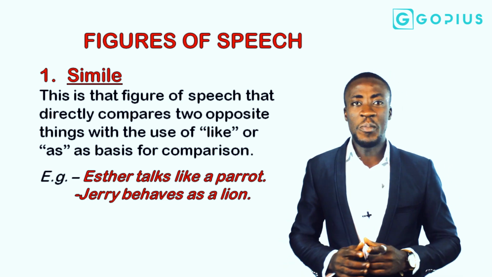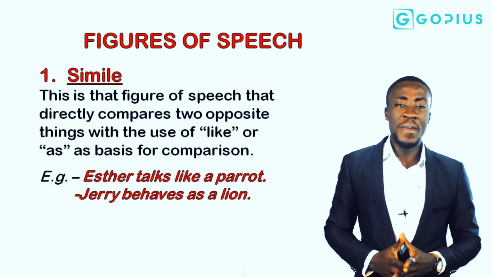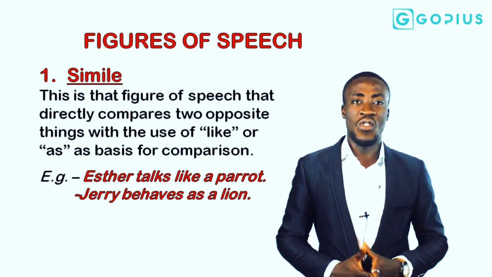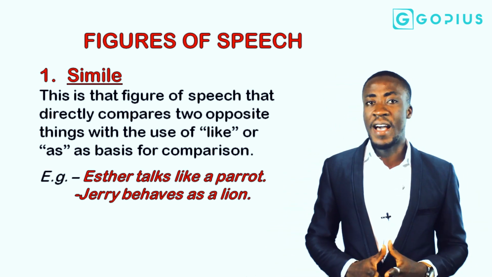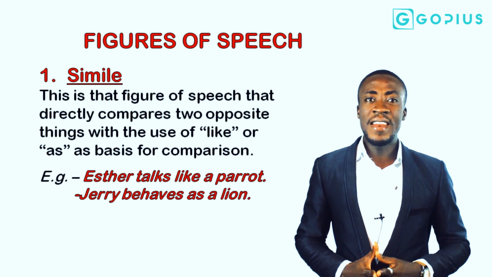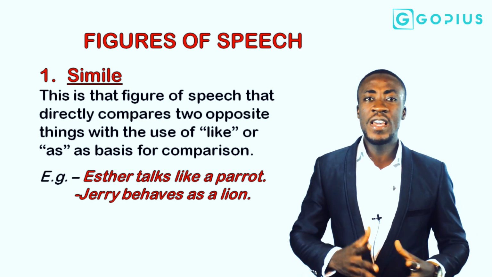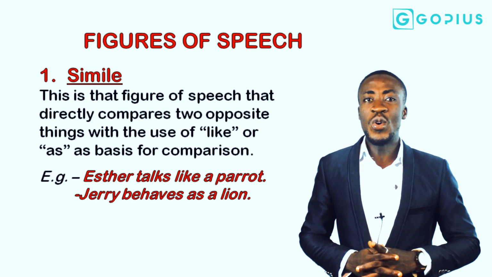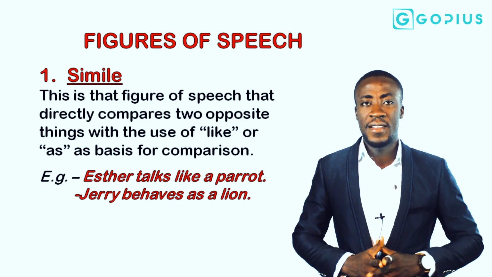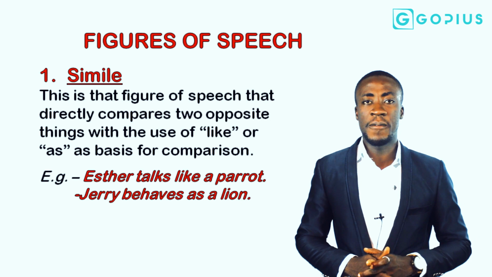The first will be maybe a human, and the other will be abstract or a non-human or inanimate, as the case may be. And the comparison of the behavior or the feature of either of these concepts will be done using like or as to do the comparisons.